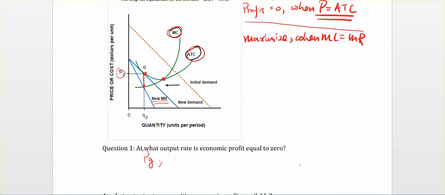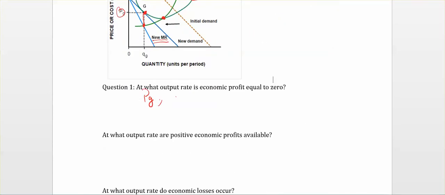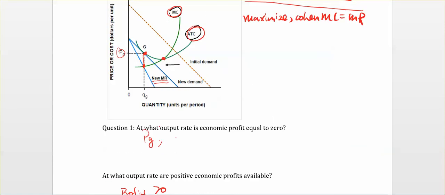Now let's look at the second part of this question. At what output rate are positive economic profits available? So the profit is larger than 0. Since we know PG is the point where the price equals the average total cost, in order to get a positive profit, obviously we should have the price larger than the average total cost.